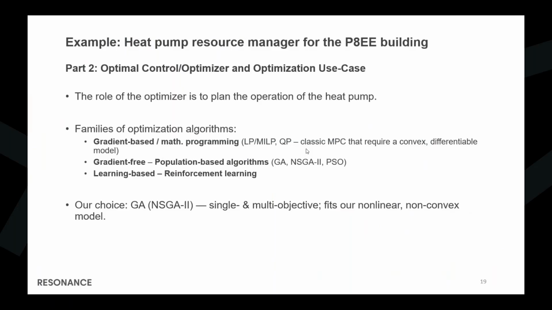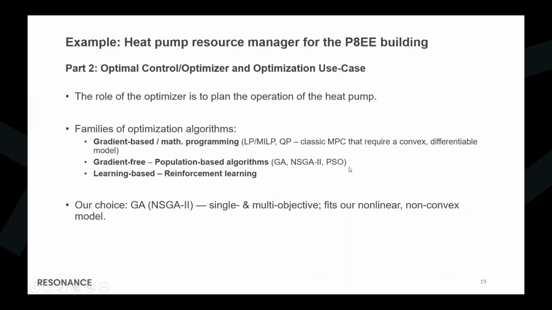They're quite good. Given that we have a convex and differentiable linear model in terms of the decision variables, they can guarantee optimal solutions. They're extremely fast, but they are quite limited in the type of model that we can use for the plant.